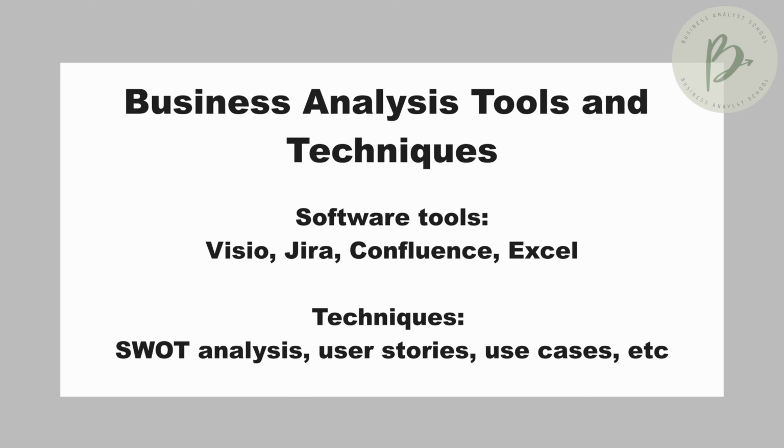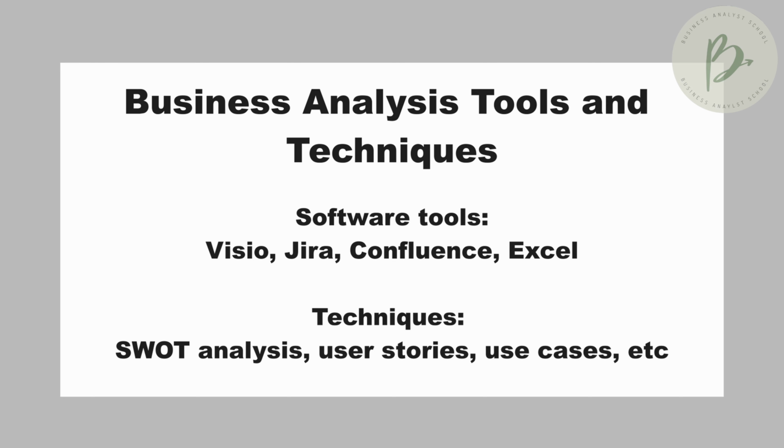Now, I talked about those key concepts. What tools can we use in order to meet those key concepts? Which brings us to the fourth thing that you need to know, which is the business analysis tools and techniques. So one thing is the software tools that we use.